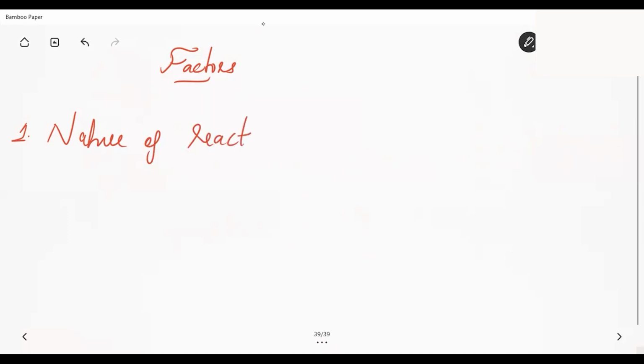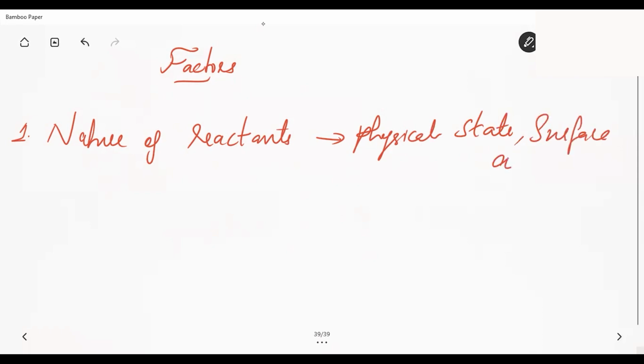Next, a very important topic you have to study is the factors affecting the rate of the reaction. There are 5 factors that affect the rate of the reaction. First one is the nature of the reactants. That is the physical state of the reactants, or it may be the particle size, which means surface area, right? It may be surface area or the chemical nature of the reactants that affects the rate of a chemical reaction.